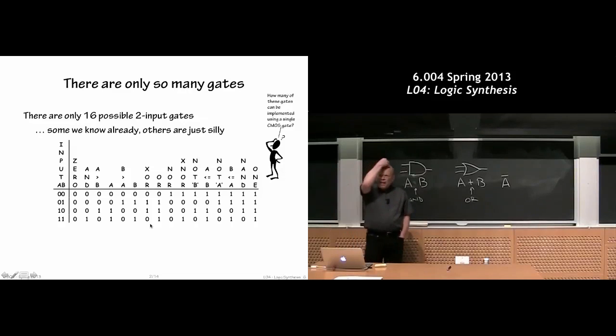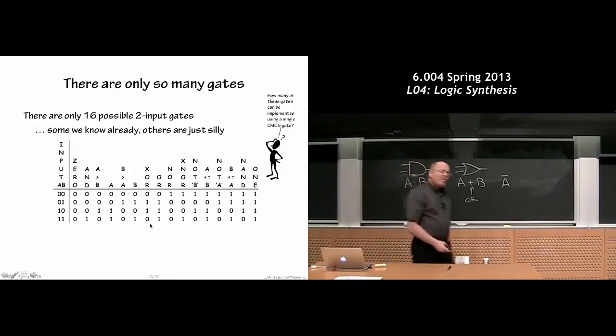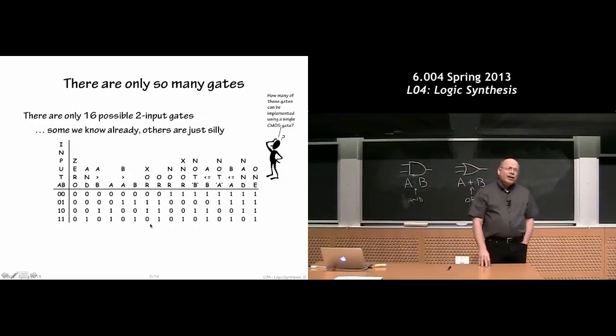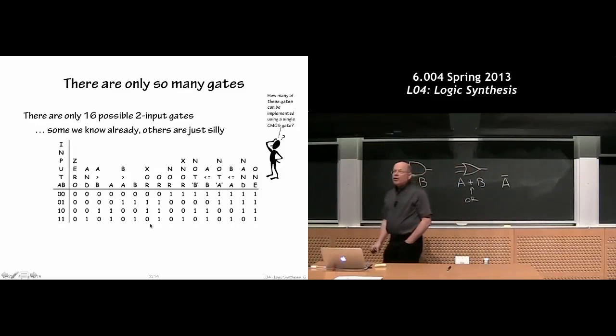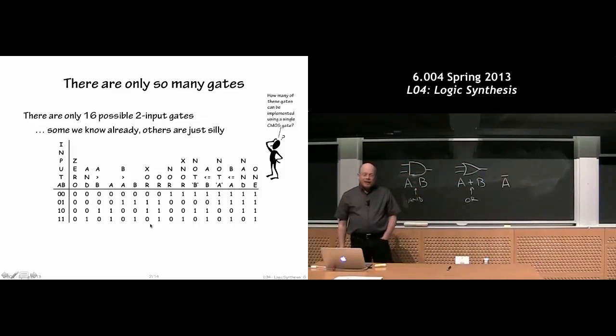Which of these can we implement as a single CMOS gate? Remember that CMOS is a naturally inverting logic family, so rising inputs lead to falling outputs, and vice versa. So things like AND gates and OR gates are not something that can be implemented in a single CMOS gate. What I've done here is to circle the ones that I can implement as a single CMOS gate.